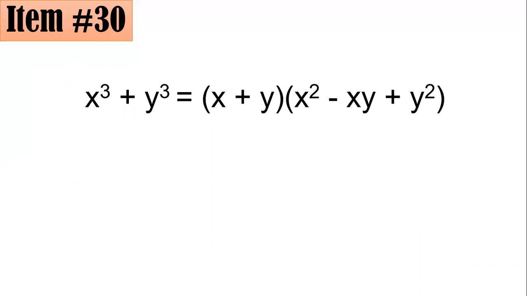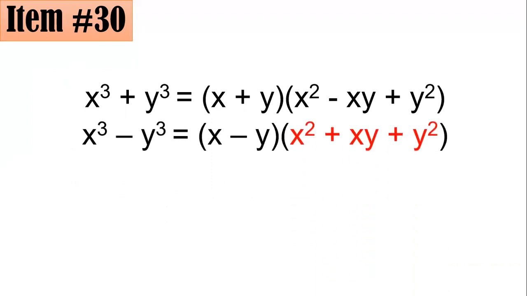That is, x cubed plus y cubed is equal to x plus y times the quantity x squared minus xy plus y squared, whereas x cubed minus y cubed is equal to x minus y times x squared plus xy plus y squared. If it's plus here, it's plus, plus, and minus. If it's minus here, it's minus, minus, plus. The rest are the same.